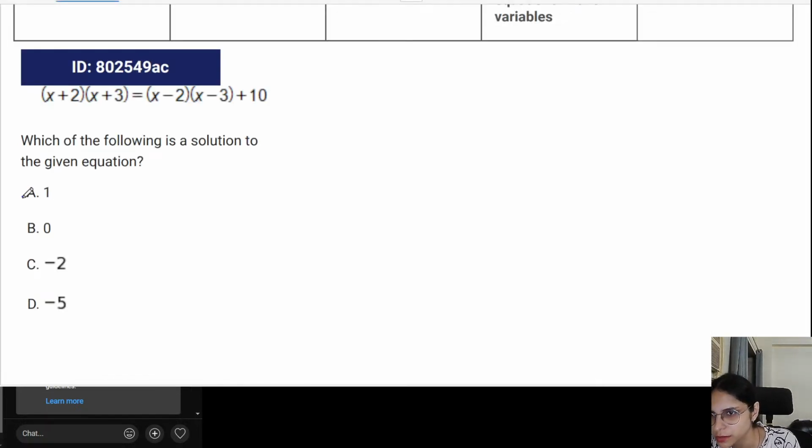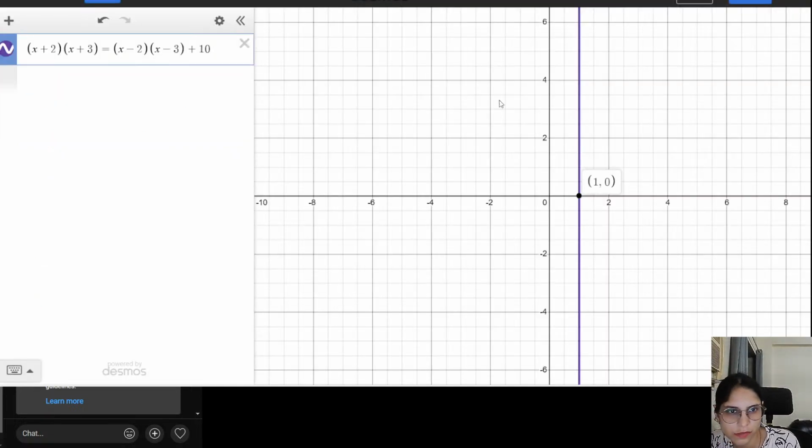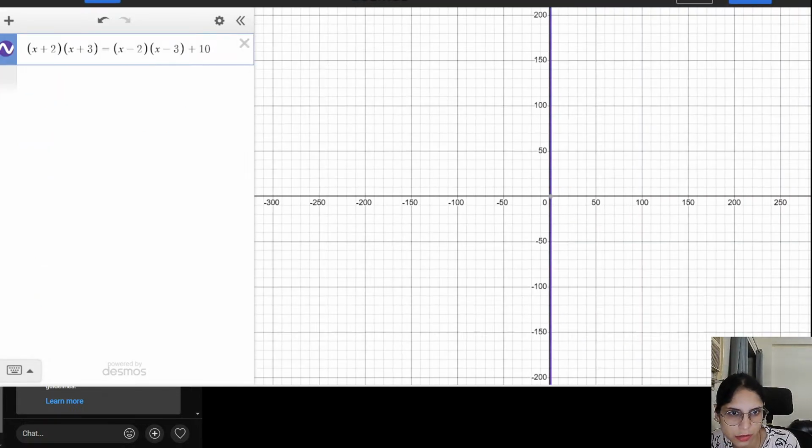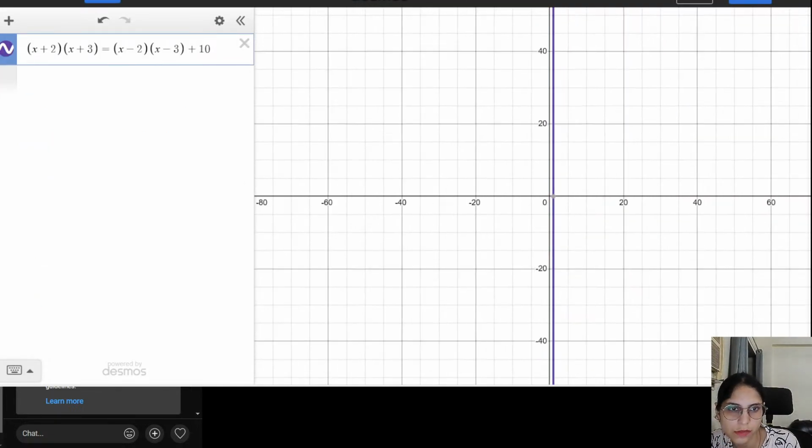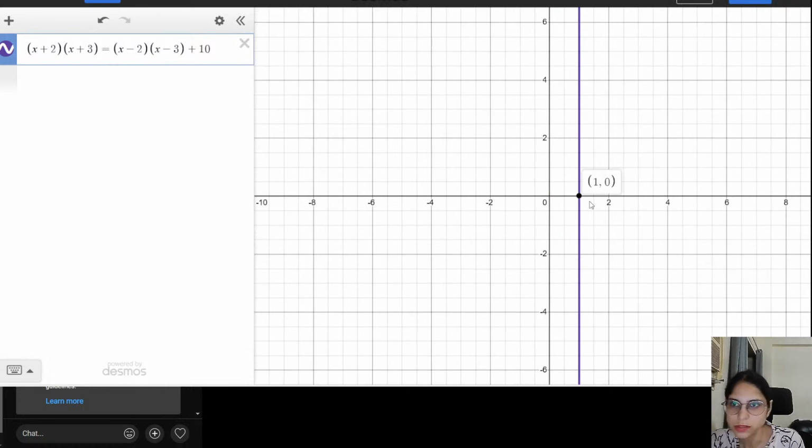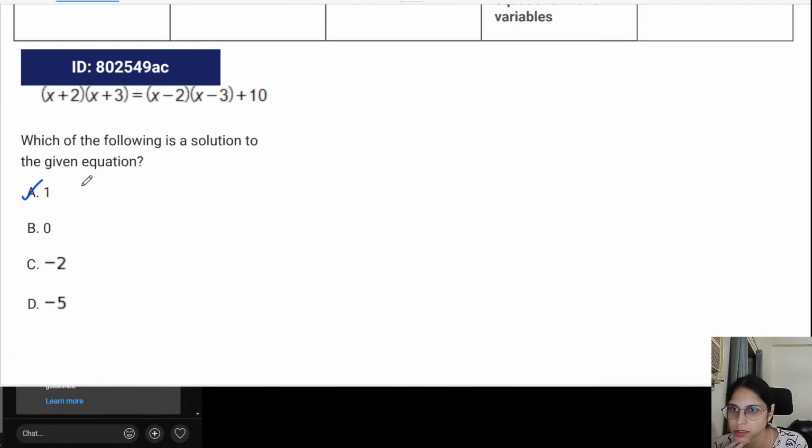So the answer is 1. There's only one solution. That is 1. So the value of x is 1. 3 times 4, negative 1 times negative 2. Yeah, that works. So there's a single solution, that is this one.